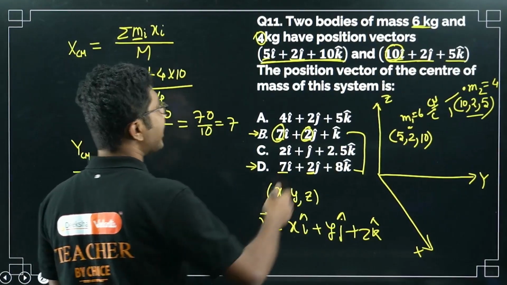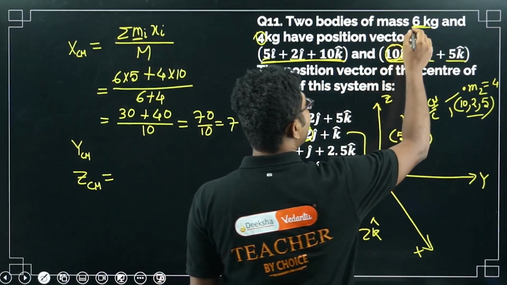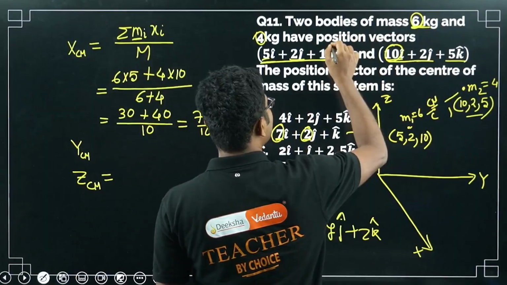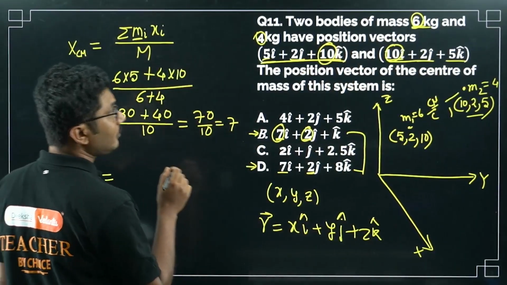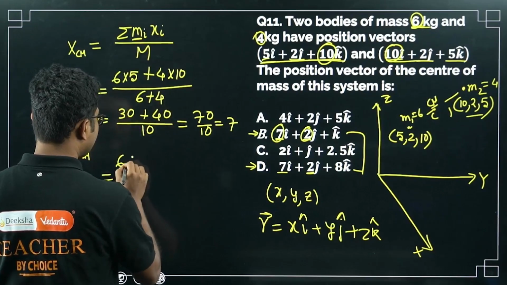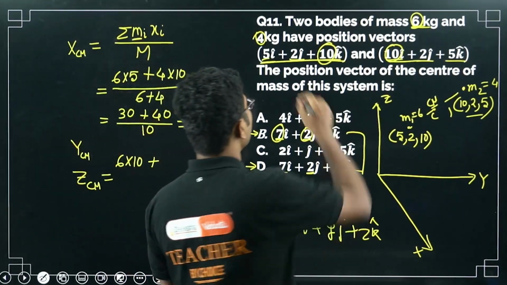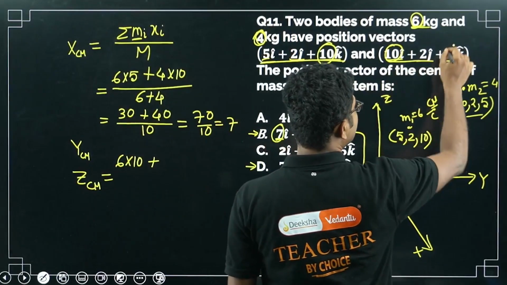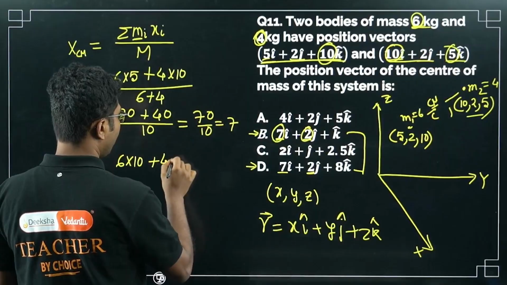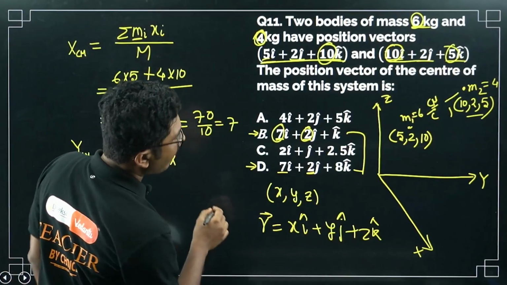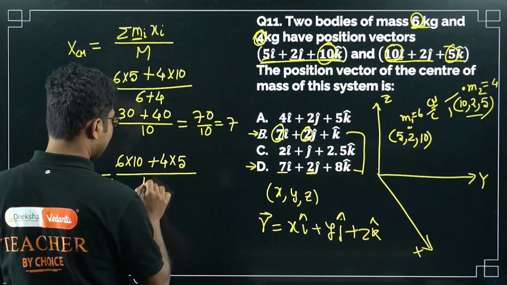So what is ZCM? How to calculate ZCM? M1 Z1, this is the Z coordinate, right? So M1 Z1, M1 is 6, Z1 is 10, plus M2 Z2, this is M2, this is Z2, divided by M1 plus M2, that is 10.